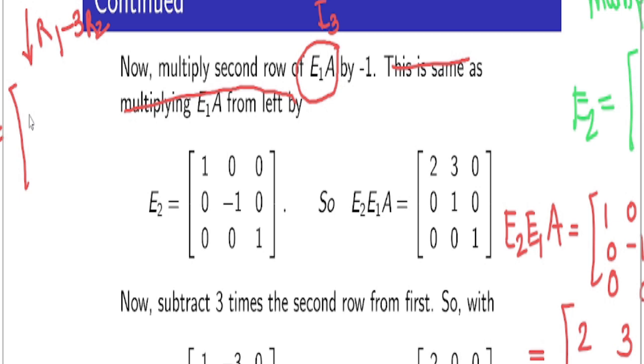Our last calculation is 2 0 0, 0 1 0, 0 0 1.